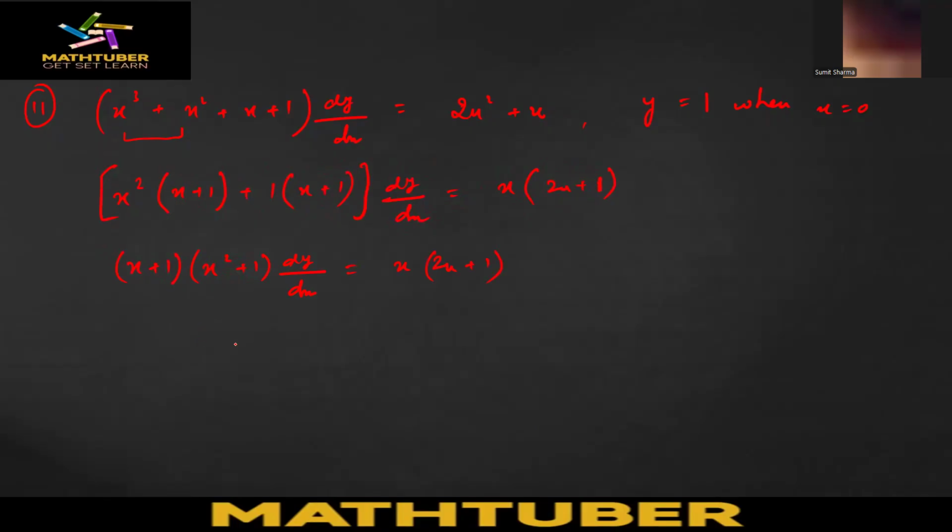Now, as we discussed, we have to take all the same variables to one side, and we have to take dy and dx to the sides where the variable is. If the variable x is in one place, we have to take dx to that side only.